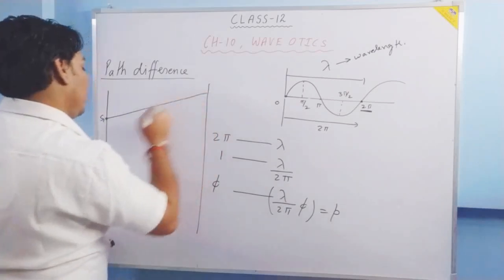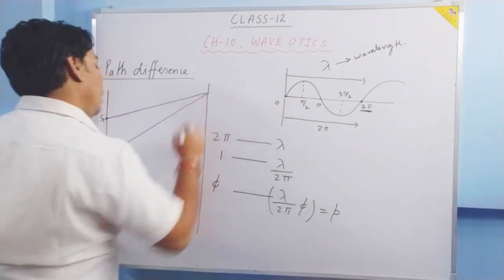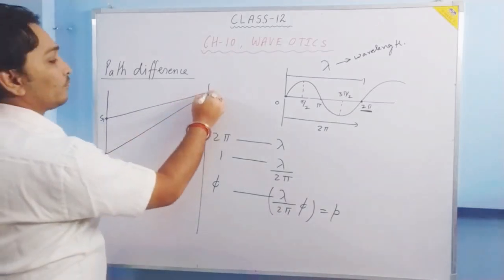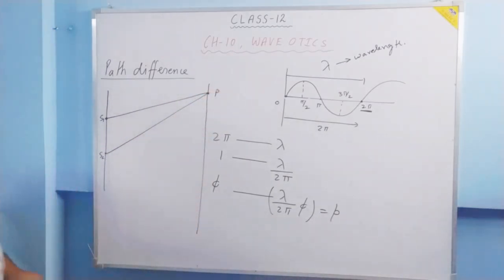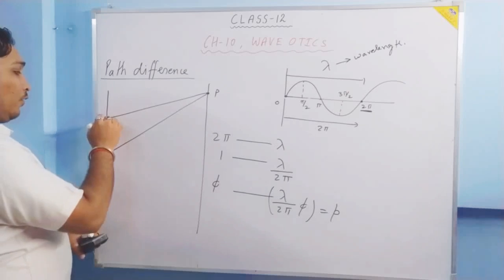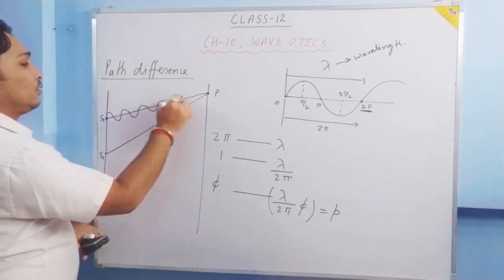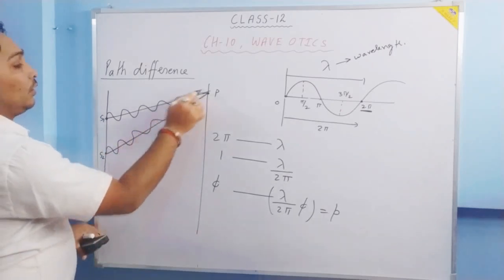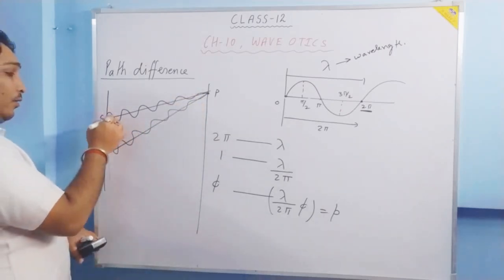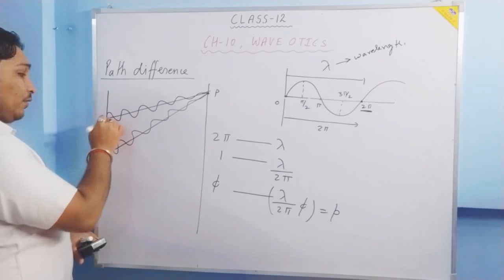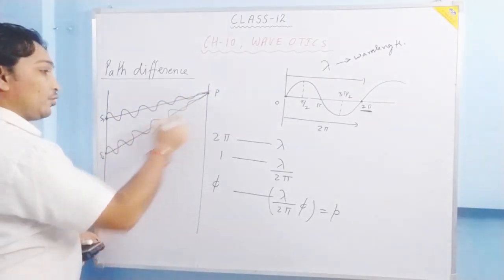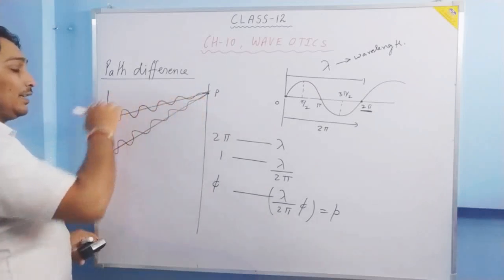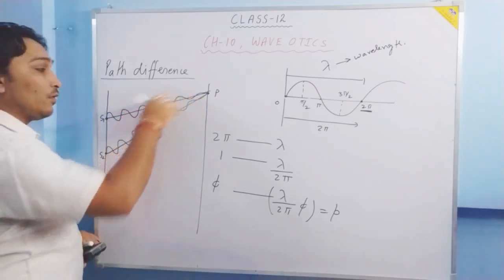From source S1 and from source S2, waves are traveling to reach this particular point P. From here the wave travels like this to the point P. From here the wave travels like this, it goes to the point P. Now if we compare S1P and S2P, then the second wave travels a longer distance than the wave from S1.